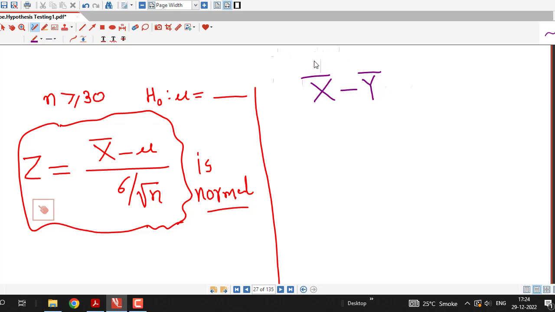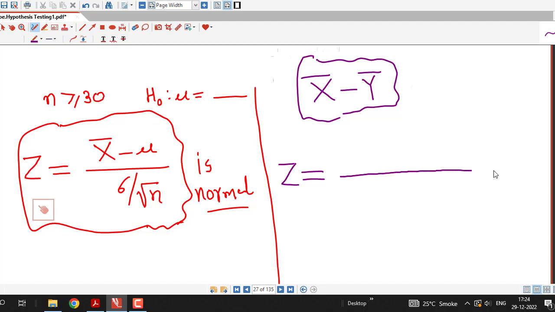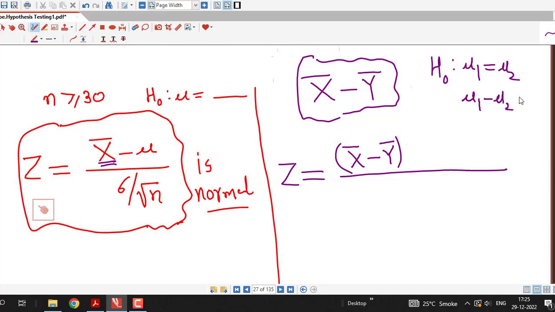So suppose we are concerned about this x bar minus y bar, then the corresponding test statistic is, so here instead of x bar I have to write x bar minus y bar. Here my null hypothesis will be mu1 equal to mu2, that I can write as mu1 minus mu2 equal to 0, or some value, say delta.